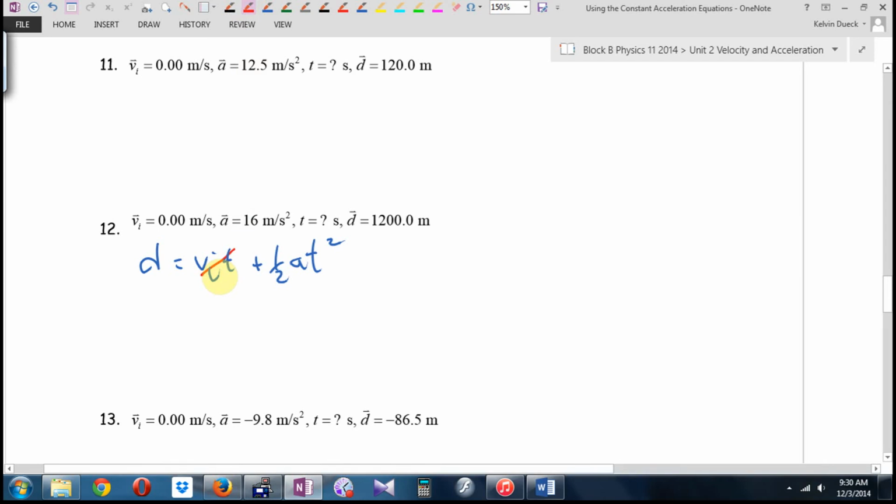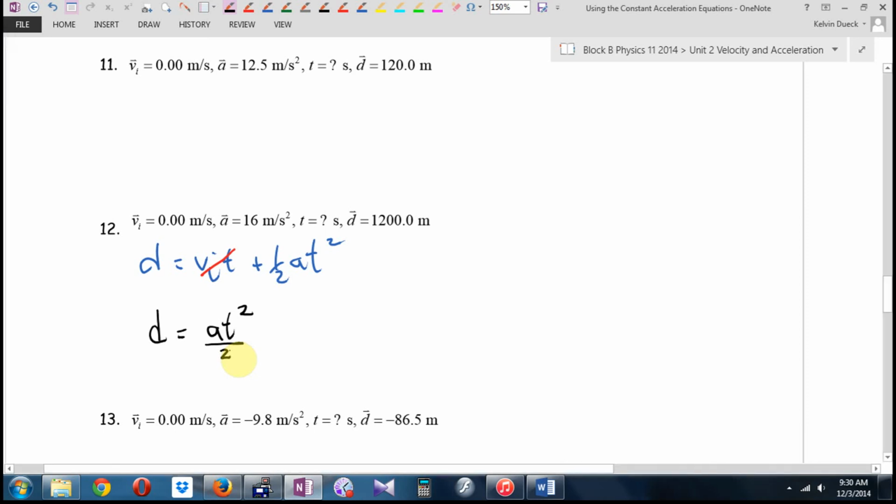So if VI is 0, this equation modifies into D equals AT squared, and there's a 1/2 in front, but instead of putting a 1/2 in front, I'm just going to say that's the same as dividing by 2, because that looks cleaner, prettier, nicer.